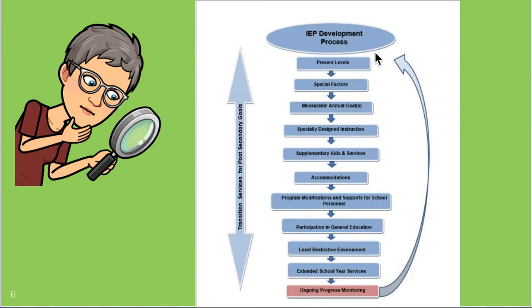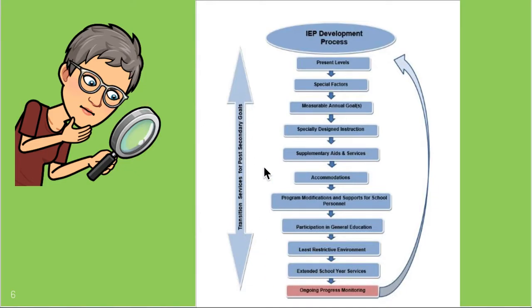We start with those present levels, and then we move on to special factors, measurable annual goals, specially designed instruction, supplementary aids and services, accommodations. We look at program modifications and supports for school personnel, participation in the general education curriculum, and the least restrictive environment, and then what does it look like if the student needs school year services.